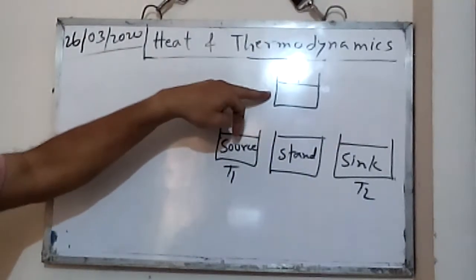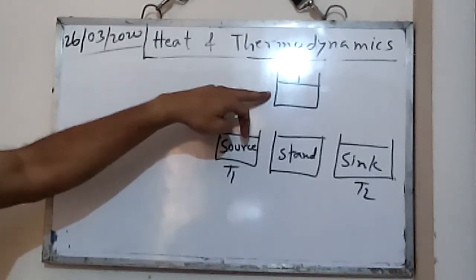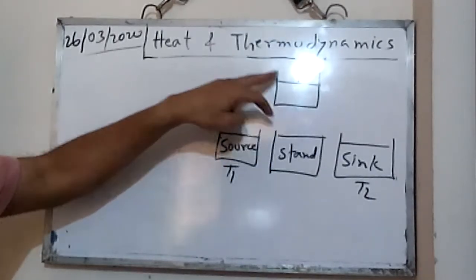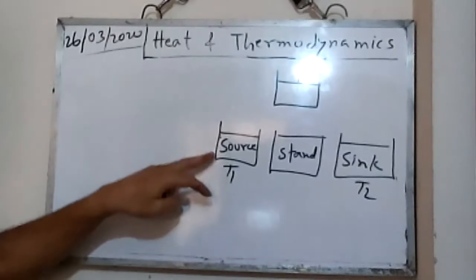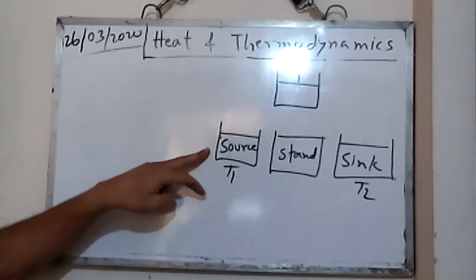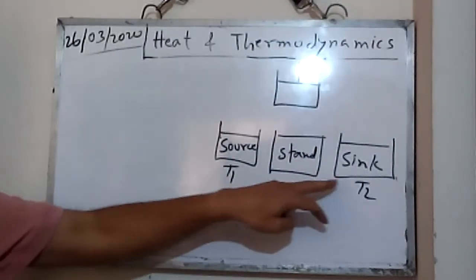This is a cylinder with a piston, cylinder and piston. This is the source. This is a stand. This is the sink.